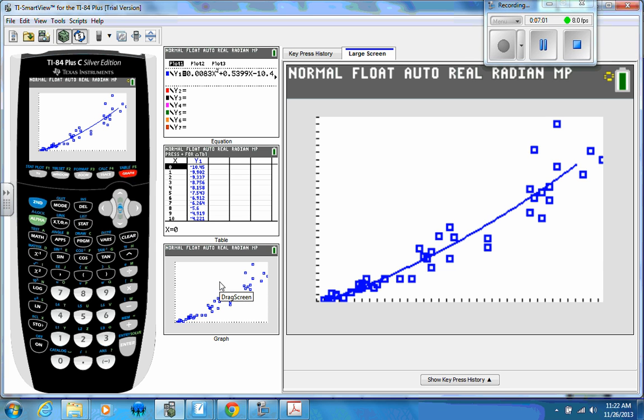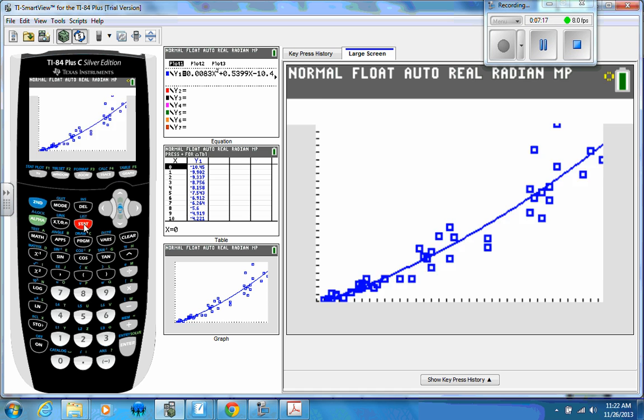Okay, so the line of best fit is the line that goes through the center or through most of the points. Okay, so I can do this, or I could try a linear regression to show what it would look like with a linear regression, and we could compare.